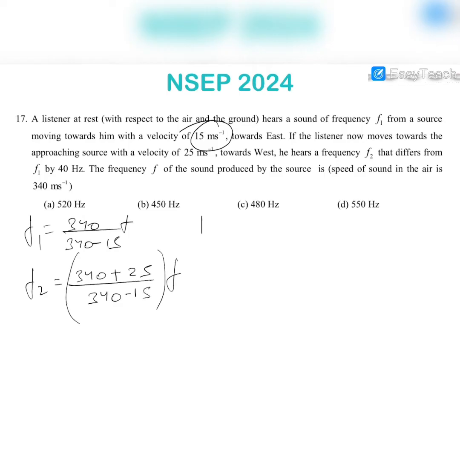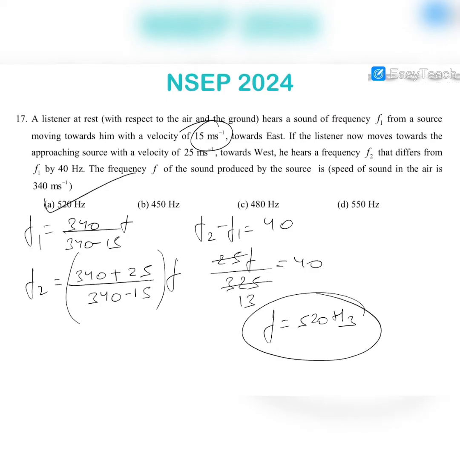And obviously f2 is greater, so f2 minus f1 is 40. So f2 minus f1 will be equal to 25f by 340 minus 15, and it would be 325. That is 40. So f is equal to 520 hertz. So the correct answer is A. Now we move on to the next question.